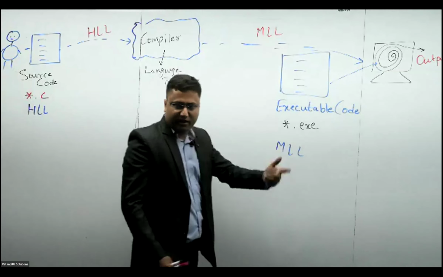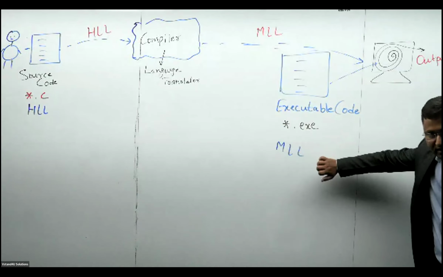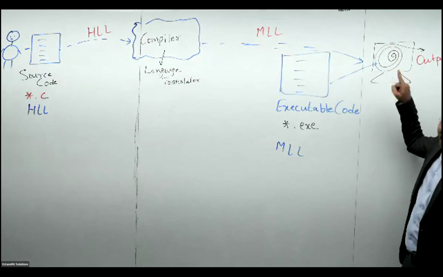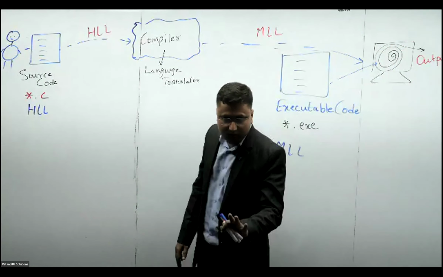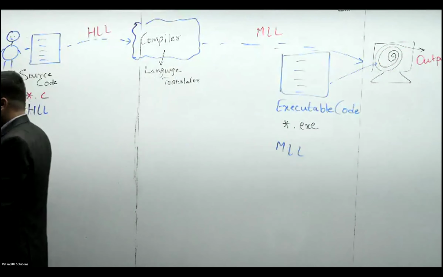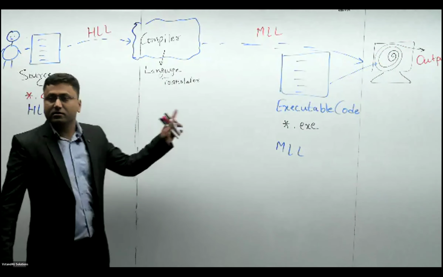The compiler will convert it into machine level language, executable code .exe file. It is further processed by the computer, and an output has come. Everybody clear? Online folks, quick confirmation. Any problem in this?